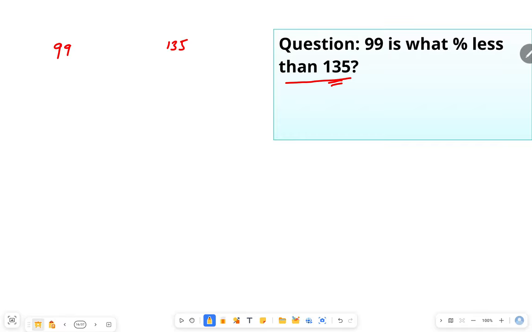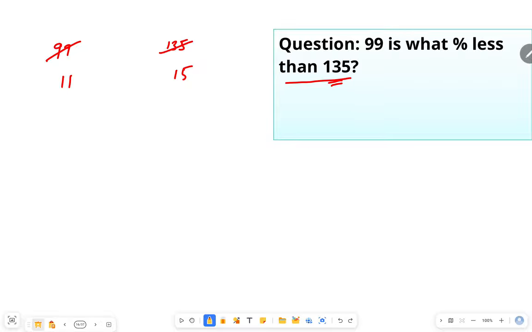Tell me. I think 9 will divide these two numbers, right? If you divide it with 9, it will give 11, and then if you divide 135 with 9, it will give 15.